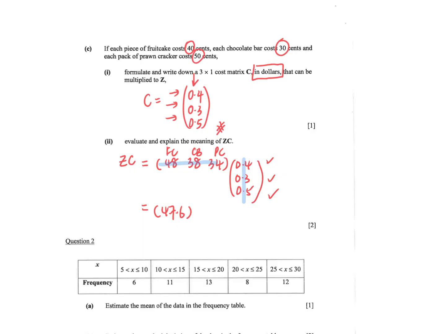The meaning of this is the total cost of all the fruit cakes, chocolate bars, and prawn crackers. Don't need the word respectively because there's only one data and it means the total cost.